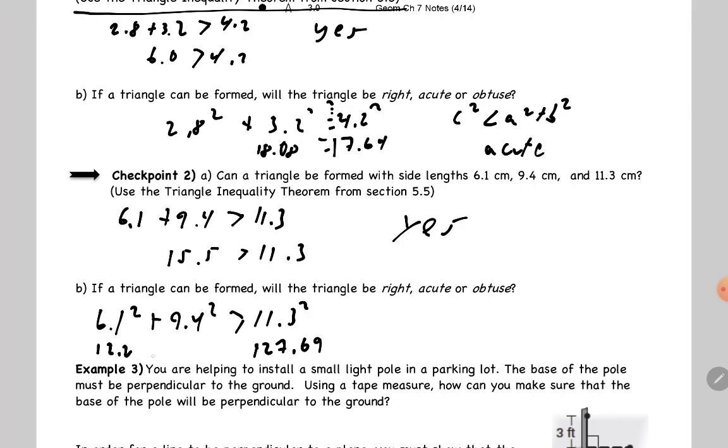Oh, wait a second. 6.1 squared is 37.21 plus 9.4 squared, which is 88.36.